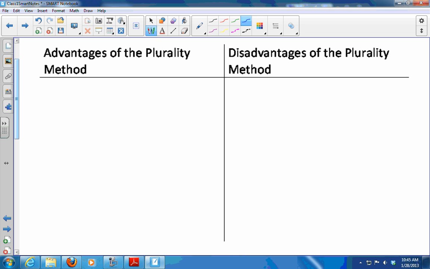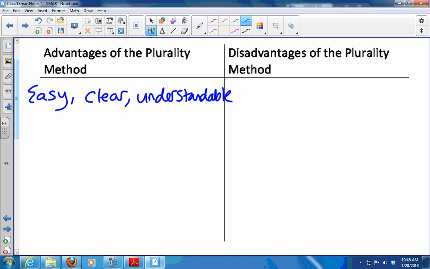So it's pretty easy, clear, understandable. So it's a relatively straightforward method that people can understand. So those are really strong advantages. We like it for that reason.